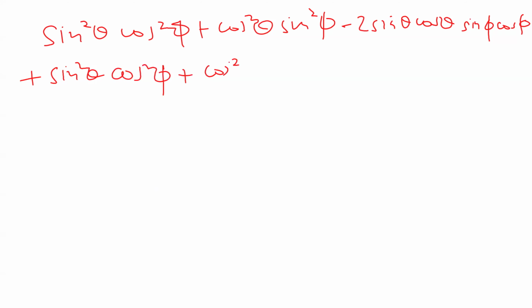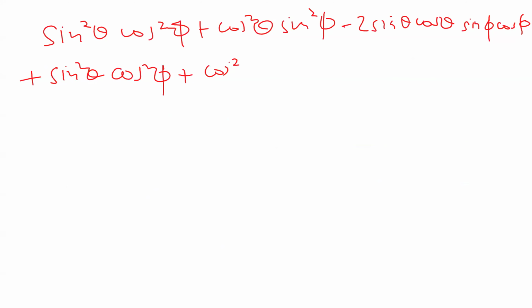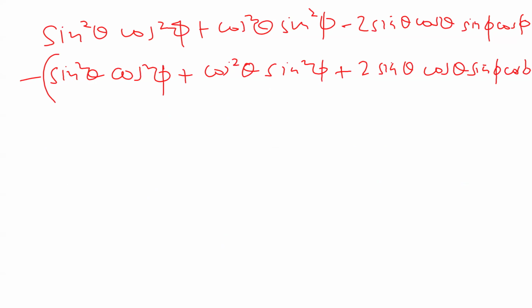I think it's minus in between. Sorry, let me just check this. It's minus in between. So we have to just subtract, not add. Okay. Let's put a bracket over here: cos square theta sine square phi plus 2 sine theta cos theta sine phi cos phi.